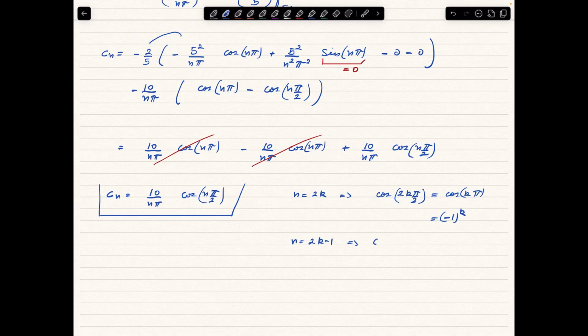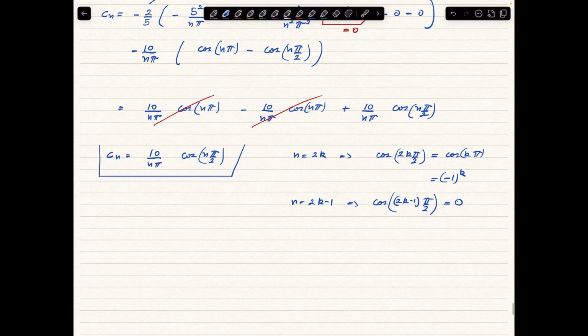Then we are going to have cosine of 2k minus 1, so an odd multiple of pi over 2. Well, these are always 0. So what happens is half the coefficients are 0, the other half are -1 to the power k.